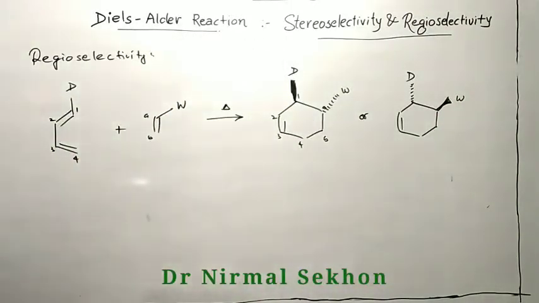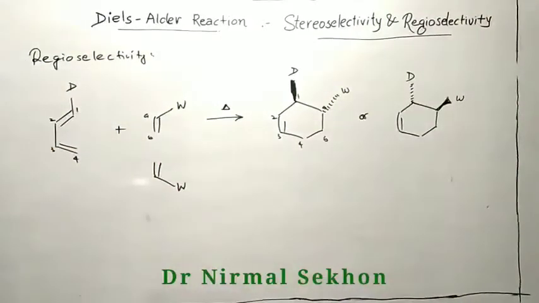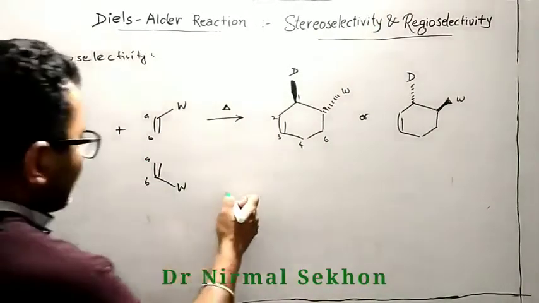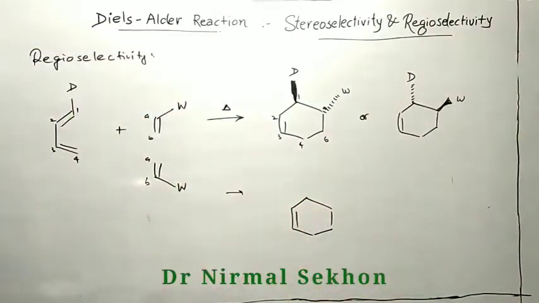Now one more possibility is like that. You can take it like this, swap it. This is your A and this is your B. So the products formed are like this. This is the diene.